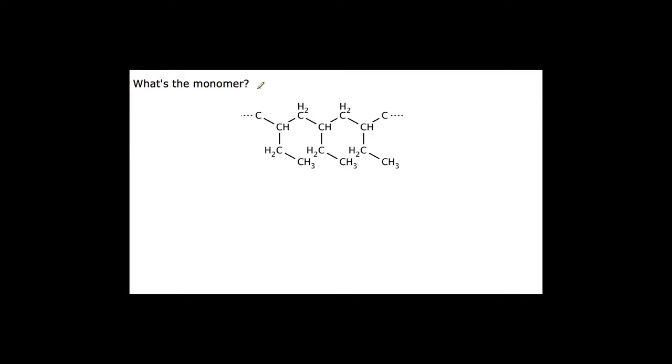And as I said before, if you look at a branch as part of the monomer, that sometimes makes it a little easier. So here's a carbon with a branch, and so here's probably the other carbon, which means this was the C double bond C. And so here's a neighboring molecule, which also has a C double bond C right here.